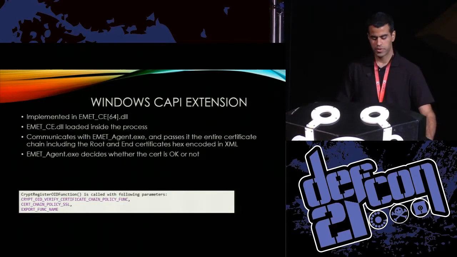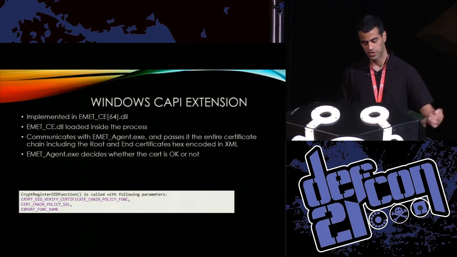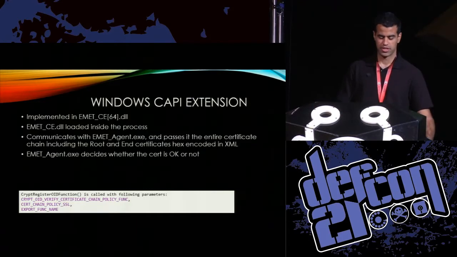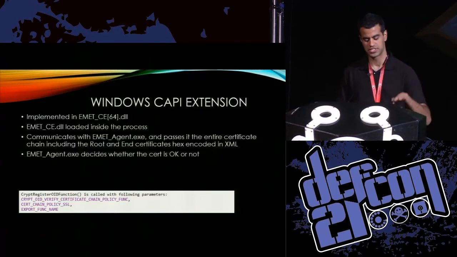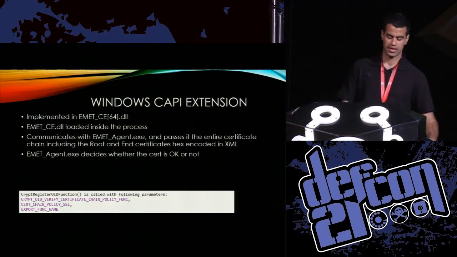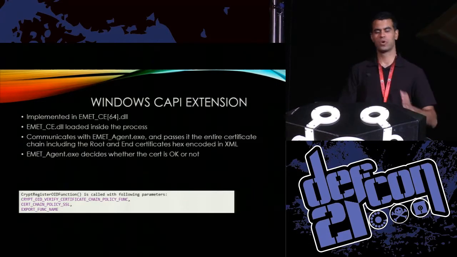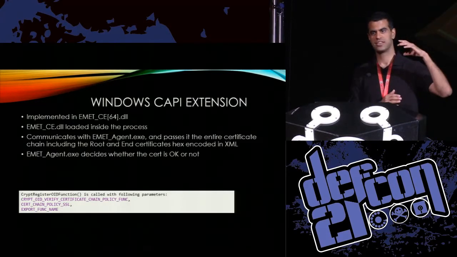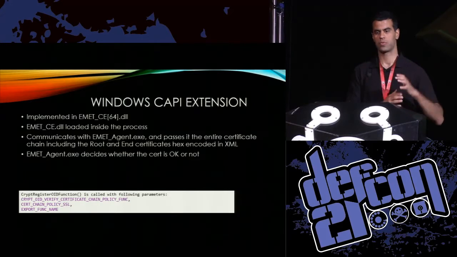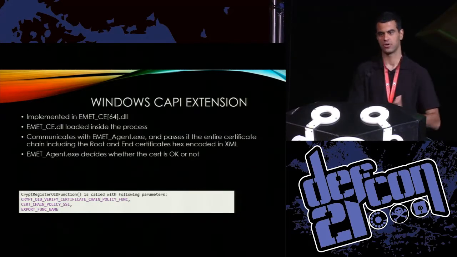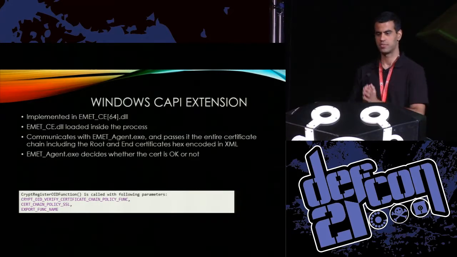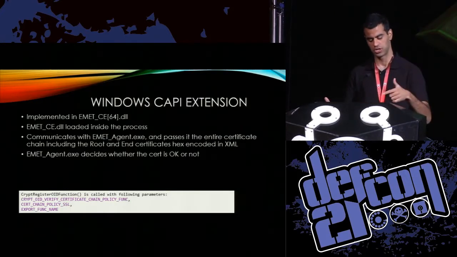So we implemented a crypto API, CAPI, extension. This is what I said was in the EMET CE64.dll, and this basically communicates with the EMET agent. We're inside the process that uses CAPI, and we're passing the full certificate chain, so the end certificate, all the intermediate certificates, and the root certificate, to the EMET agent that I mentioned earlier.